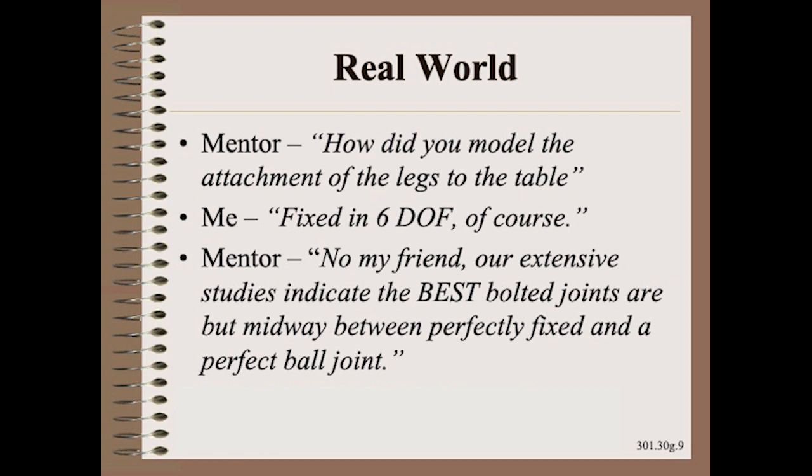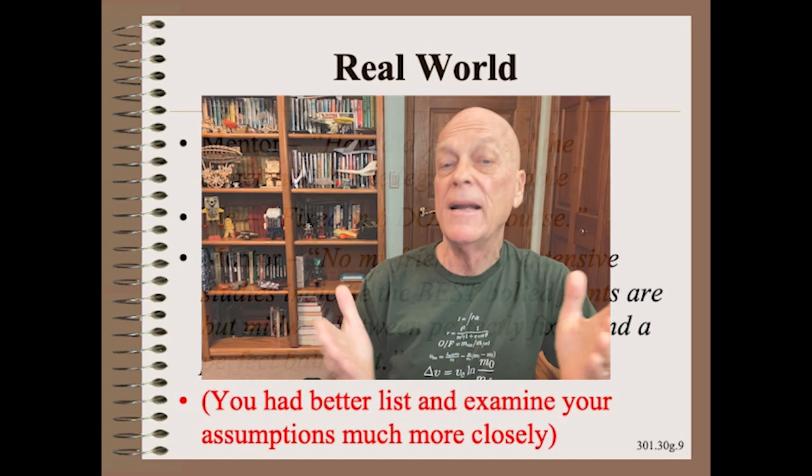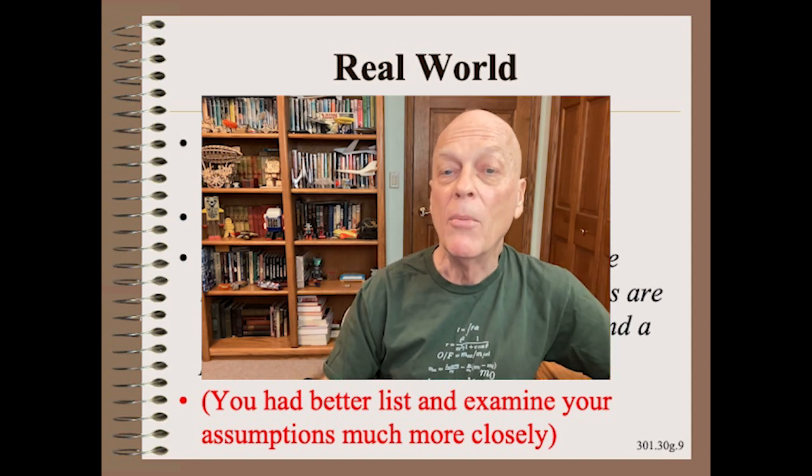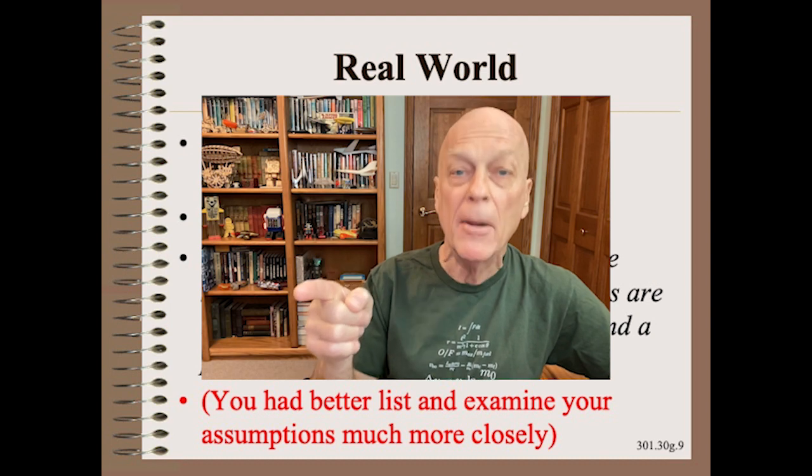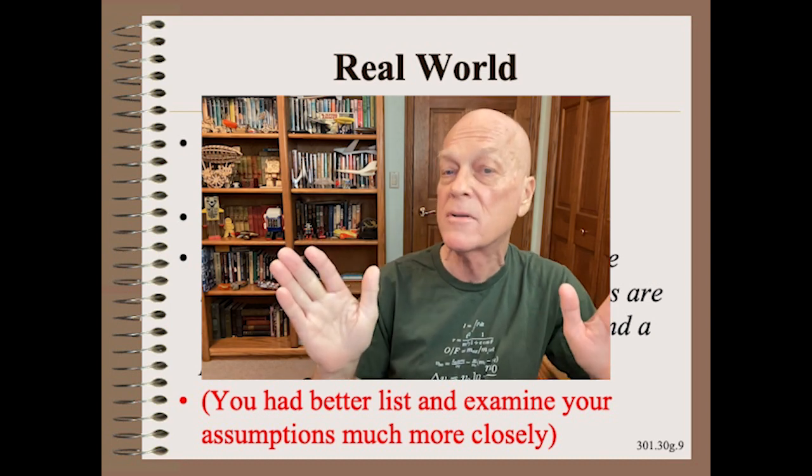To which my mentor replied gently, though he might as well have shouted, he said, no, my friend, our extensive studies indicate the best bolt joints are but midway between perfectly fixed and a perfect ball joint. He did not need to say that what we're both thinking is I had better list and examine my assumptions much more closely in the future.